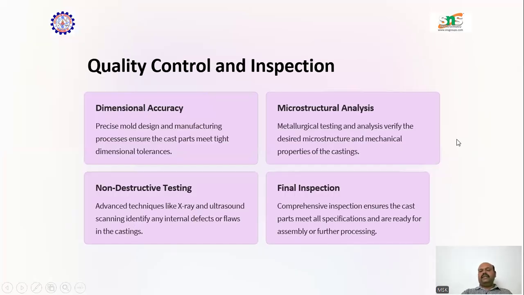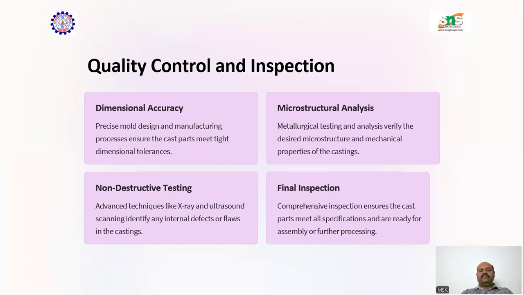The major quality control and inspection is dimensional accuracy. As per the drawing devised by the designer, we have to prepare a precise mold design and manufacture the cast parts to match. The next one is microstructure analysis. Part dimensions are very important for microstructures, and when the microstructure changes, the property of the material changes.